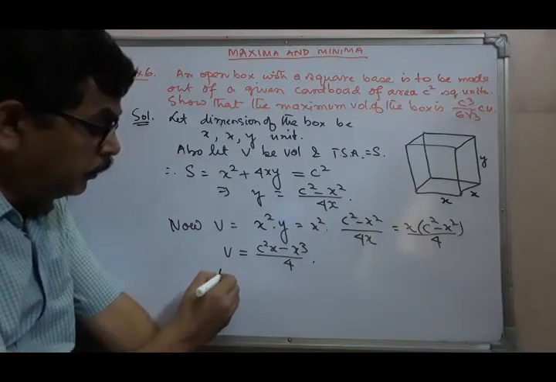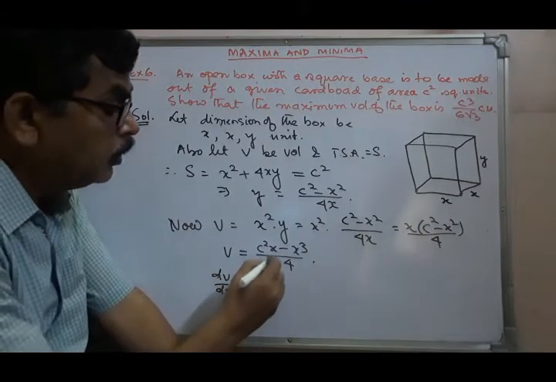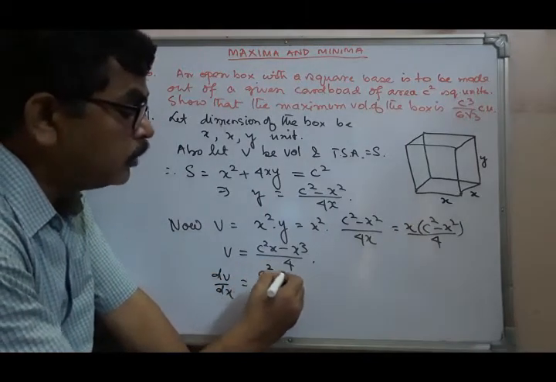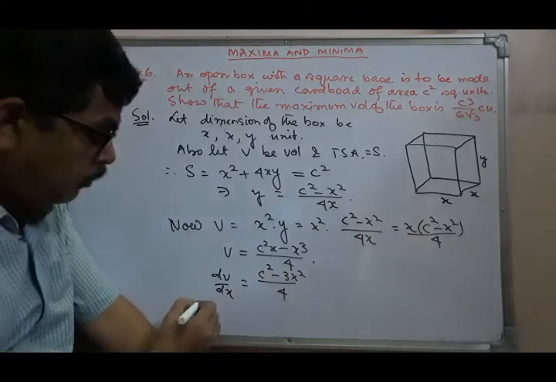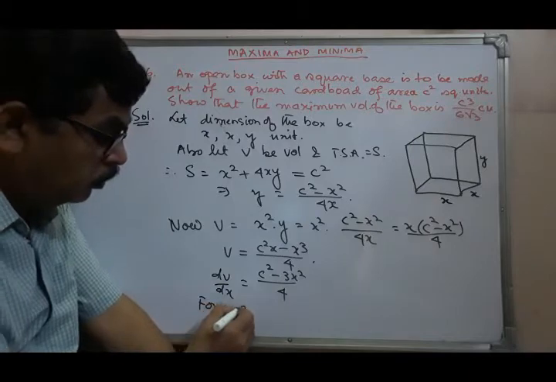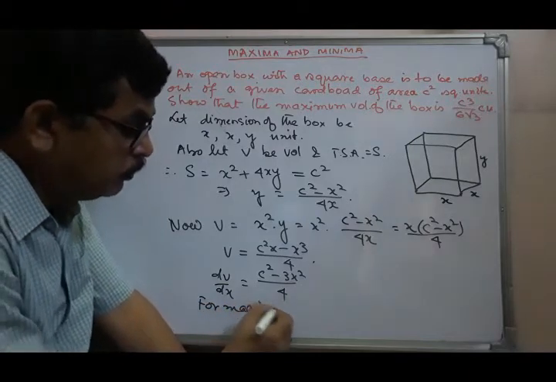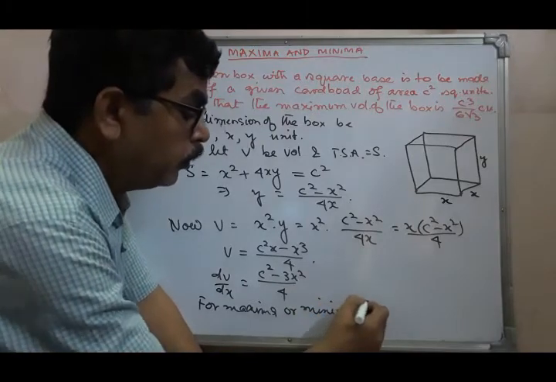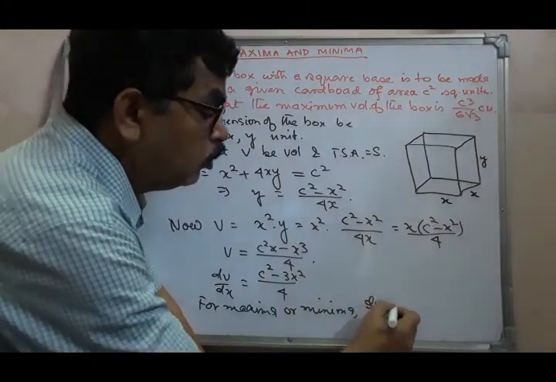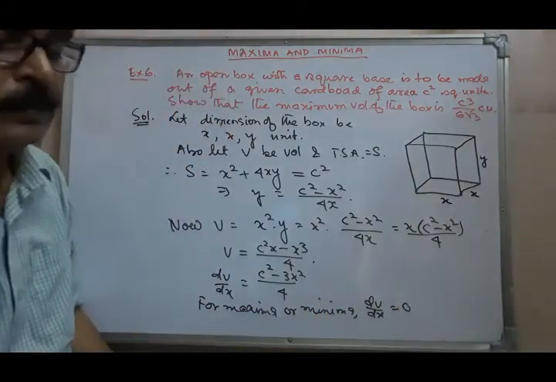Now dv by dx equal to c square minus 3x square by 4. For maxima or minima, dv by dx equal to 0.